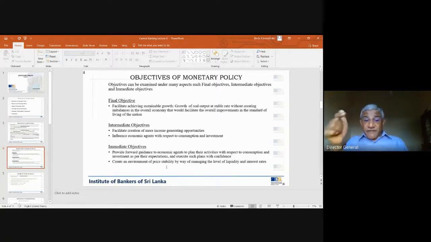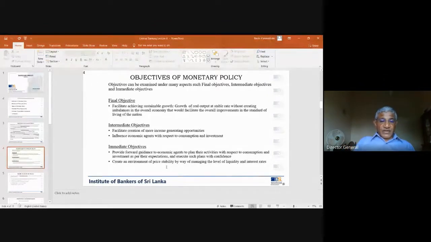Okay, if that is the final one, what is the in-between one? Intermediate: facilitate creation of more income generating opportunities. Then influence economic agents with respect to consumption and investment.